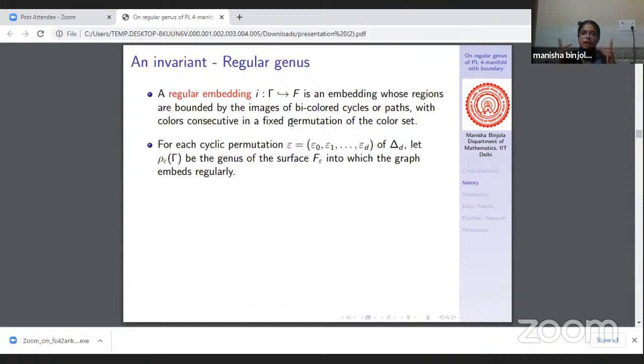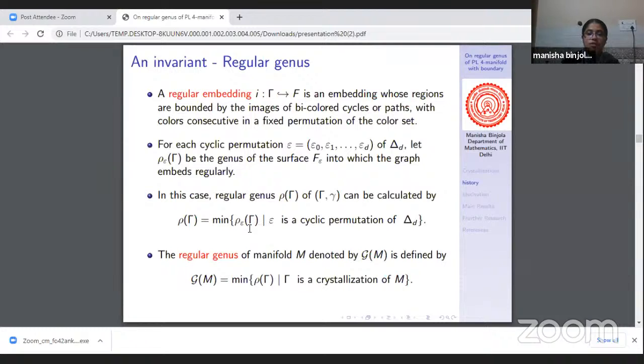So we can think of it as a globe, and the lines over it are our graph gamma. Now, for each cyclic permutation epsilon, we denote the genus of the surface in which gamma is embedded by rho epsilon gamma. And for each epsilon, we record the value of rho epsilon gamma and minimize it.